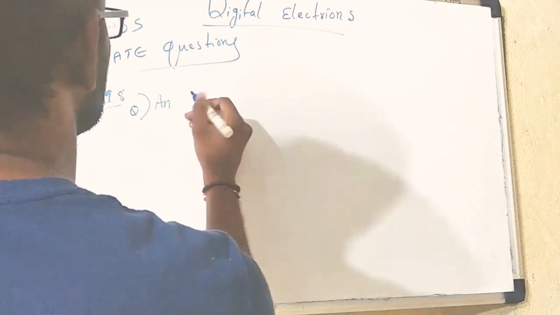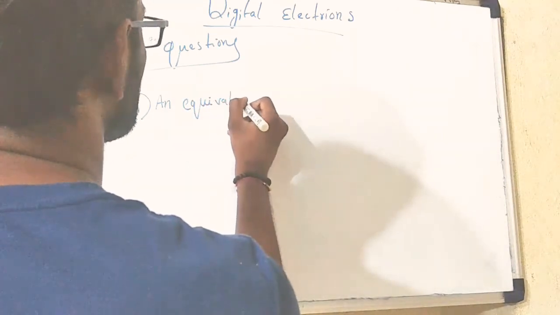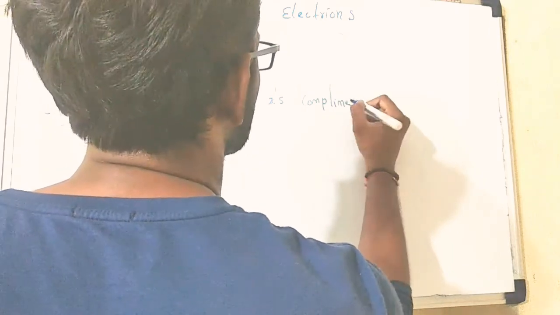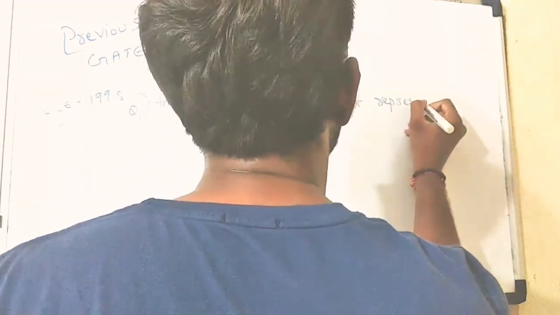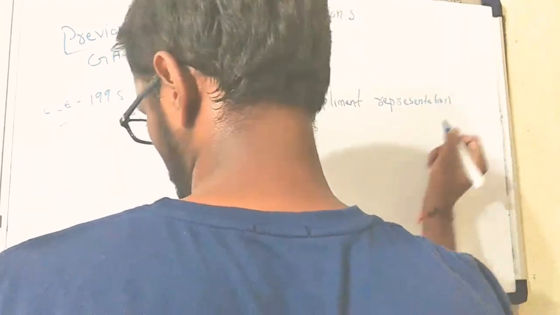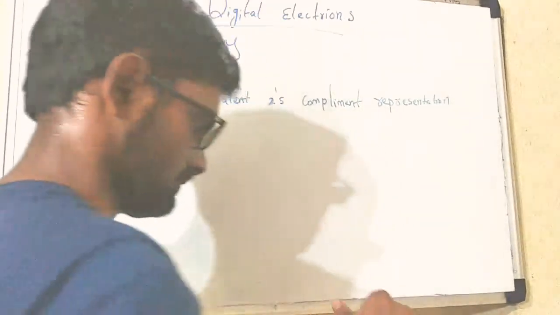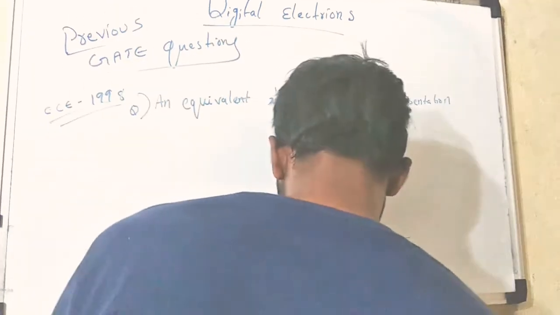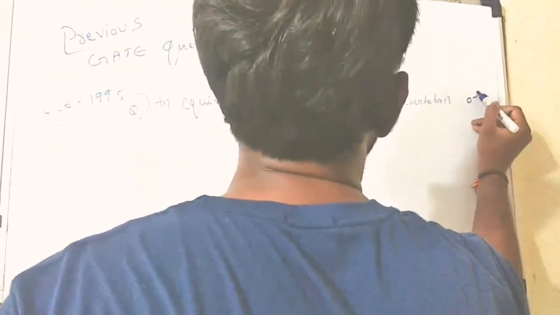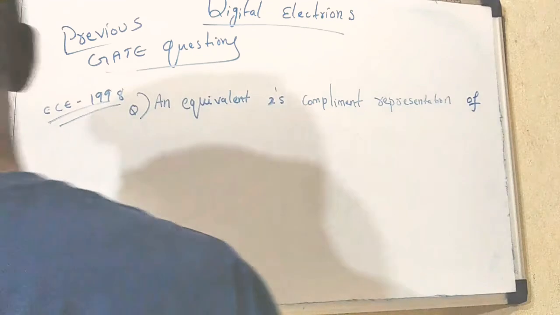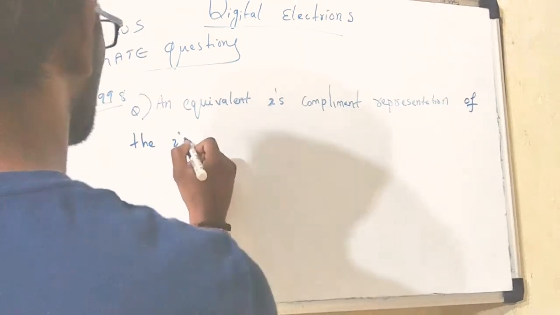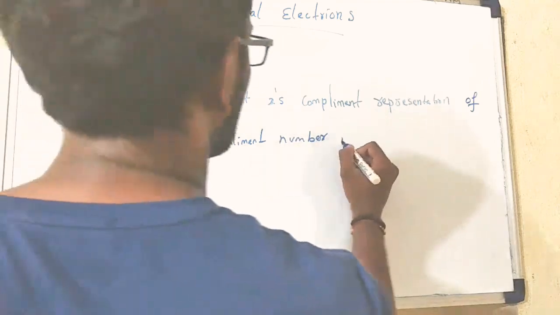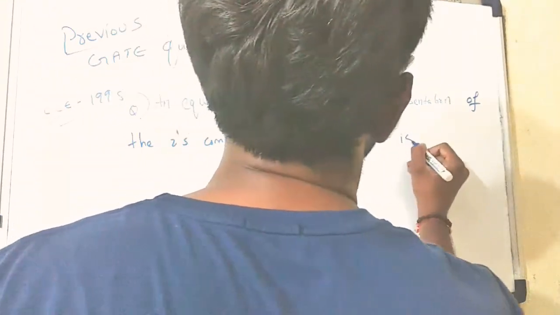The question is: the equivalent two's complement representation of the two's complement number 1101 is dash.